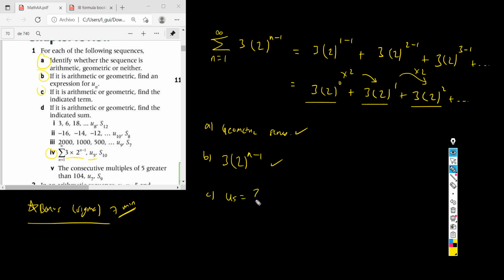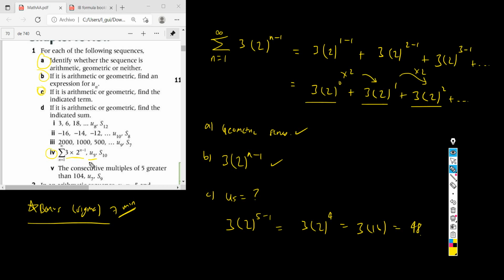So all I need to do is substitute into my formula n equals 5, and that's going to be equal to this. 2 to the 4, that's going to be 16 times 3, which is 48. That's going to be 48.